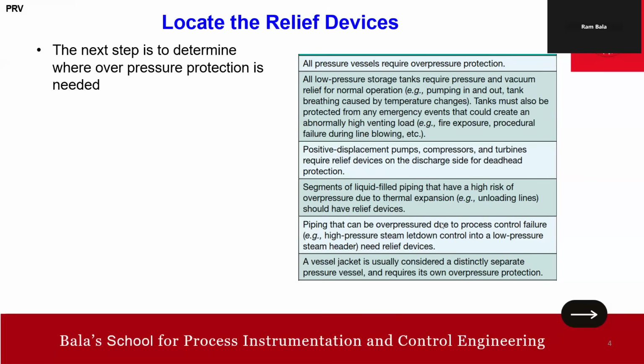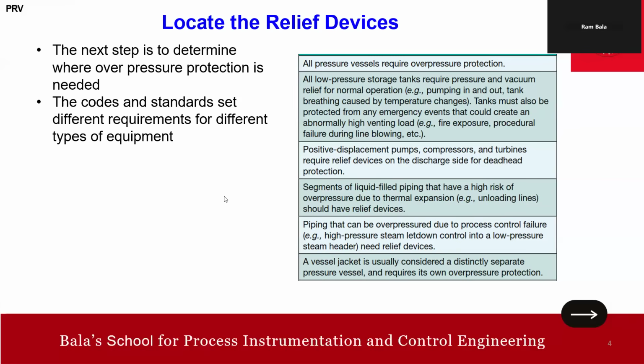Then piping that can be overpressurized due to process control failure, for example high pressure steam letdown control into a low pressure steam header. These also need relief devices. And finally, a vessel jacket is usually considered a distinctly separate pressure vessel, and it also requires its own overpressure protection. I'll explain this one by one.